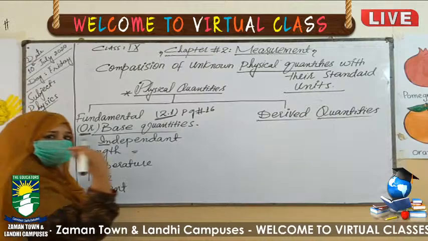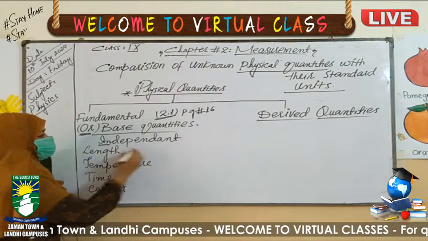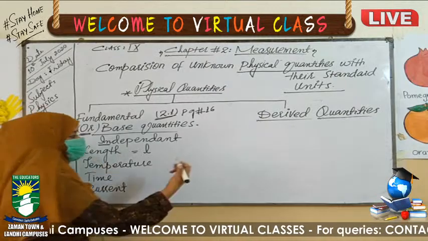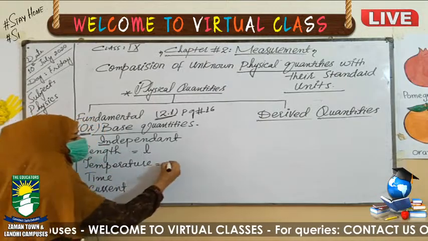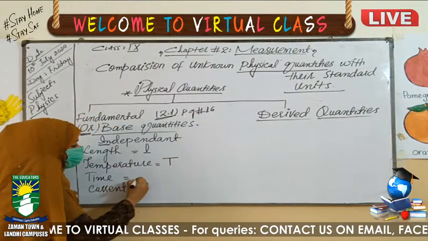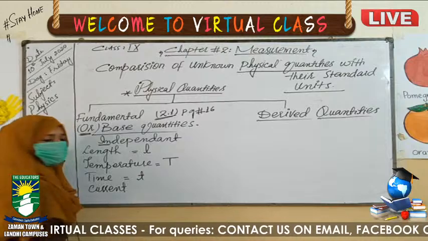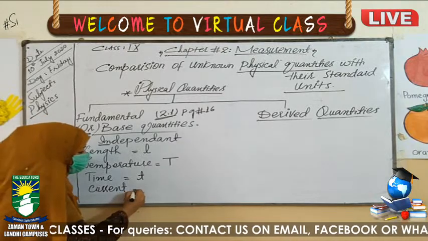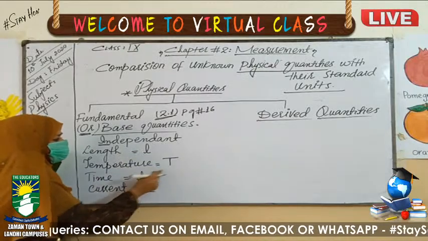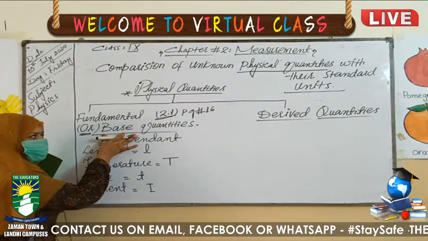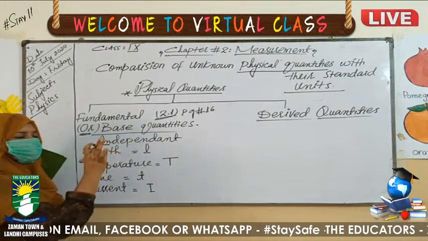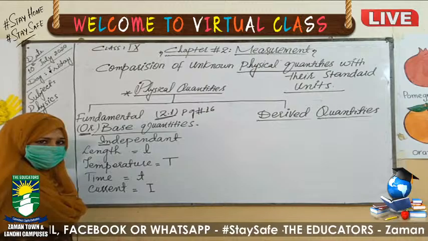They do not rely on other quantities. We mention length by a smaller l, temperature by a capital T, time by a smaller t, and current by a capital I. These are the symbols of these fundamental quantities or base quantities. They do not rely on other quantities.